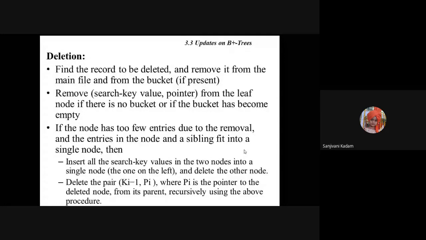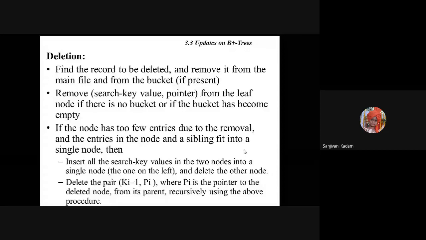Whenever deletion is performed, each time it will check whether siblings can fit into a single node, or whether the nodes are crossing the minimum element capacity. So how can this be done? Let us check. Insert all the search key values in the two nodes into a single node, that is, the one on the left, and delete the other node. This is the first possibility.